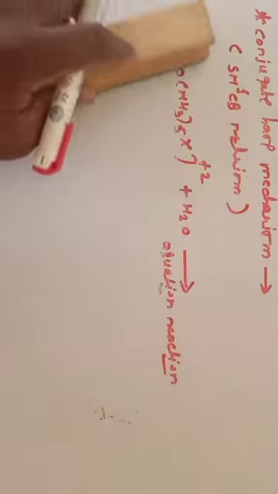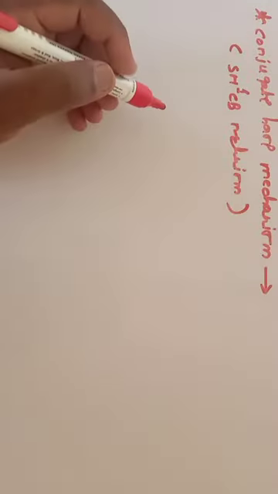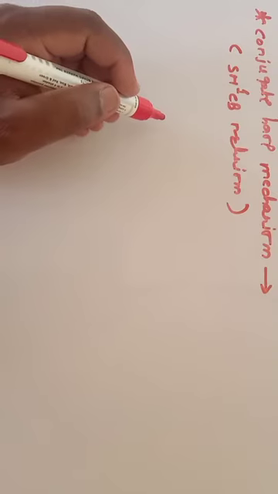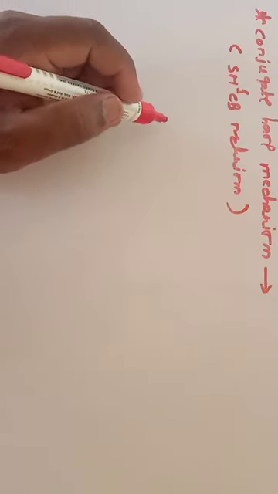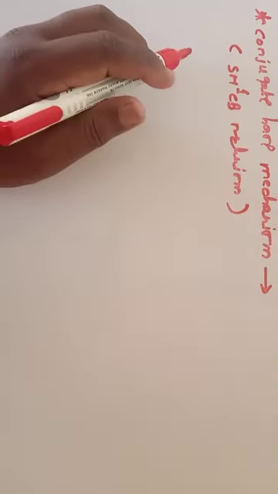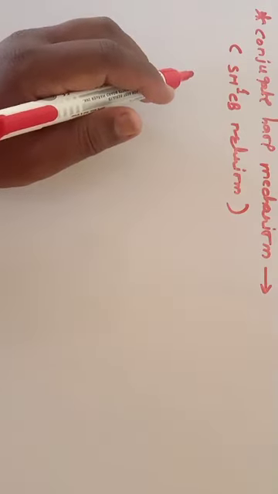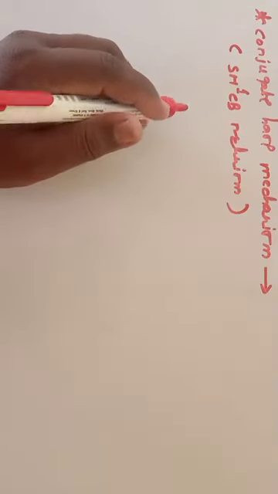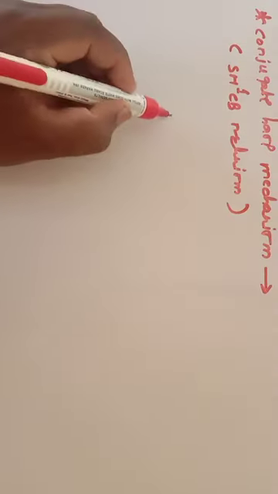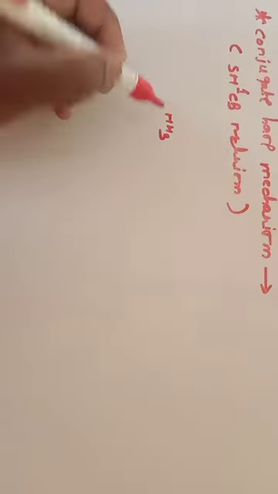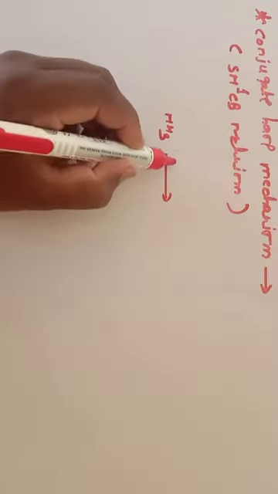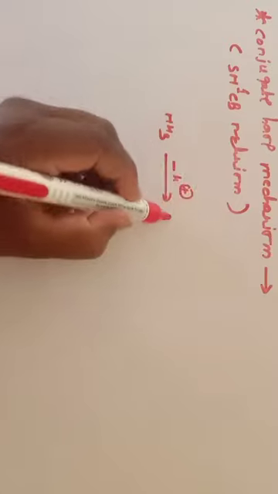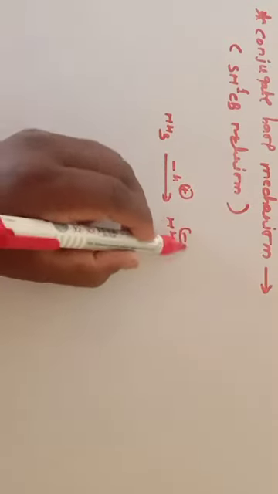So let us consider this reaction. We are considering the cobalt complex as an example for this conjugate base mechanism. We know what a conjugate base is. Whenever there is an acid, it forms its conjugate base. For example, this ammonia: when it loses one H plus, it forms NH2 minus.